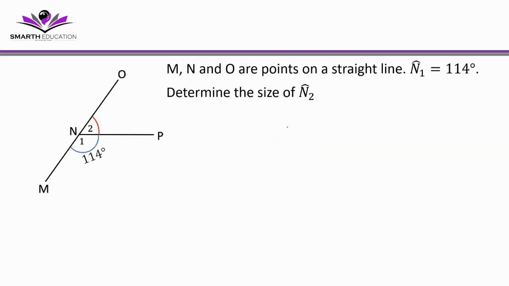M, N, and O are points on a straight line. Angle N1 is 114 degrees. Determine the size of N2. We're told that M, N, O are points on a straight line, meaning that angle N1 plus angle N2 should give us 180 degrees. The reason: adjacent angles on a straight line.